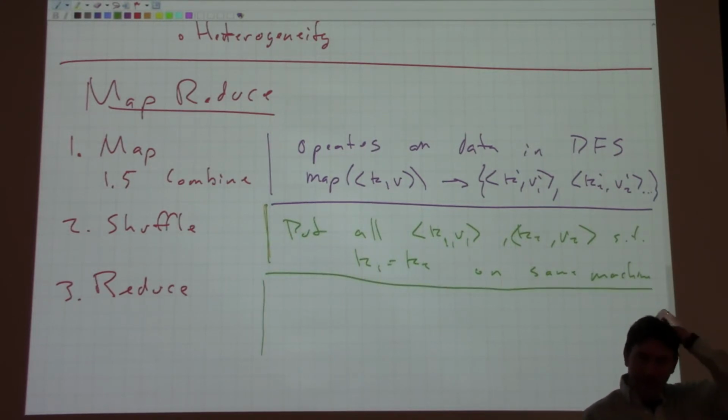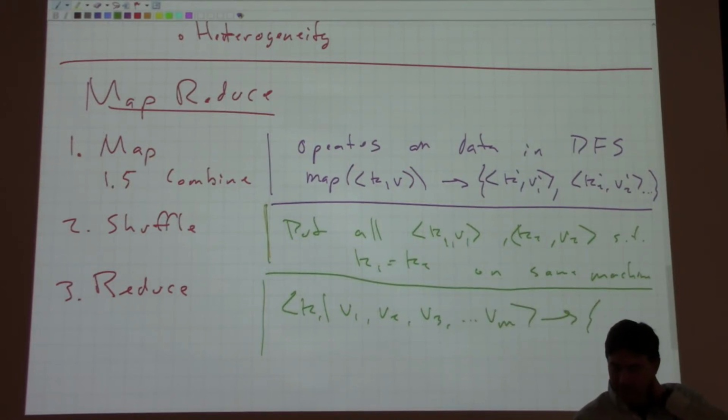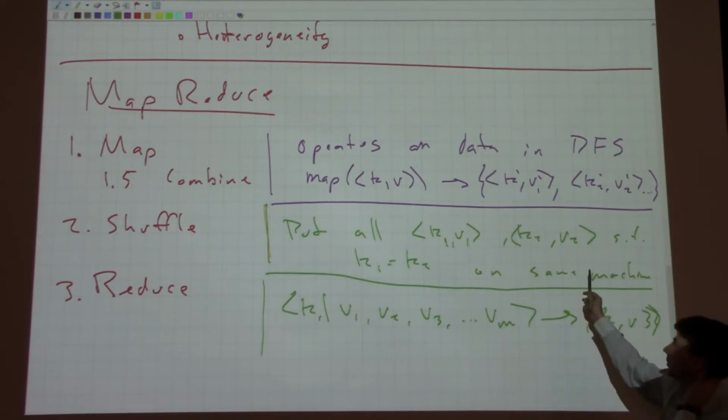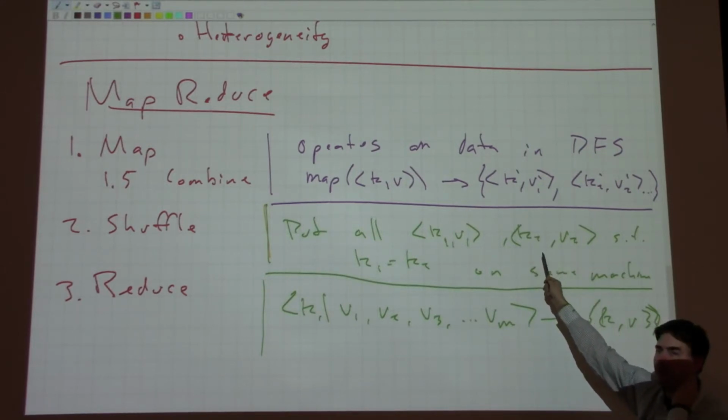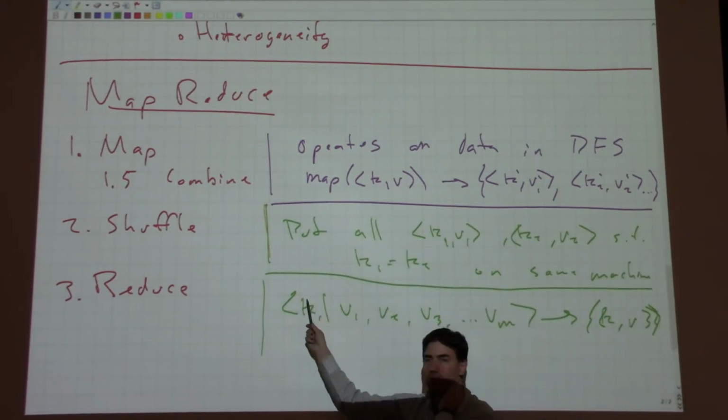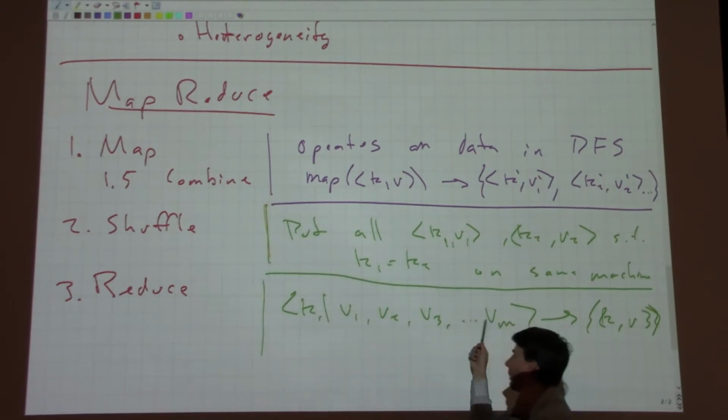Then this reduce step is going to get a key and then a bunch of these values, and it's going to output a set of key value pairs. So the shuffle put all the key value pairs with the same key on the same machine. The reduce step then says, for each key I see, I'm going to get a list of these values.